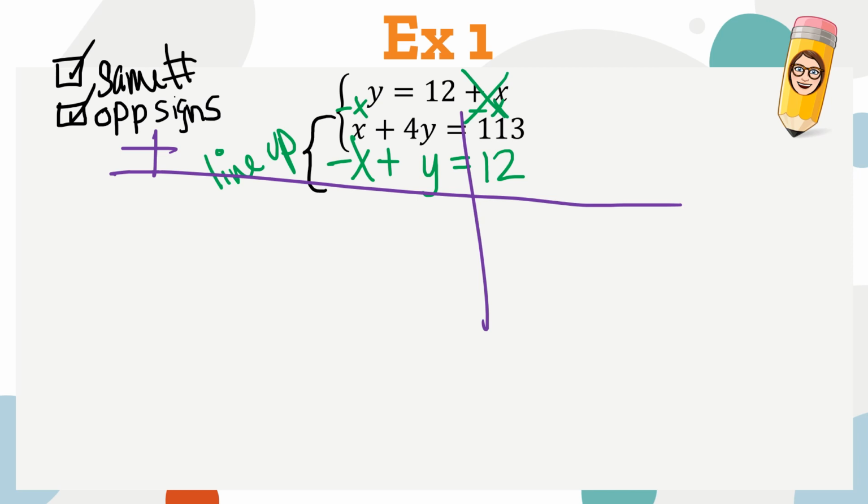What's 1x plus negative 1x? Cancels, right? That was the whole point. Then I have 4y plus 1y. That's 5y. Then I have 113 plus 12. That's 125. Bigger numbers, but that's okay.